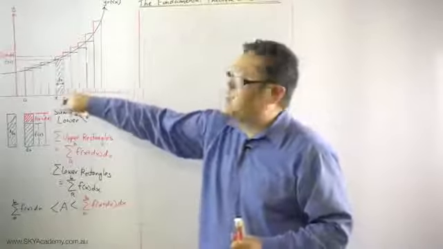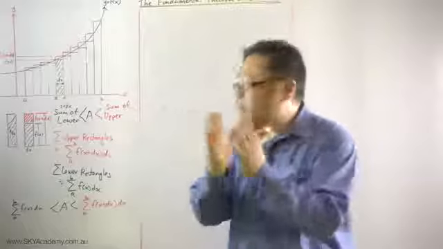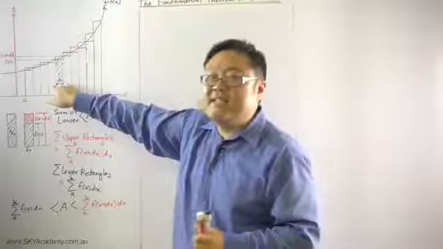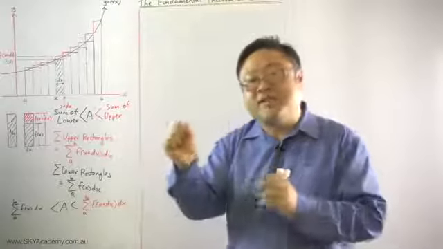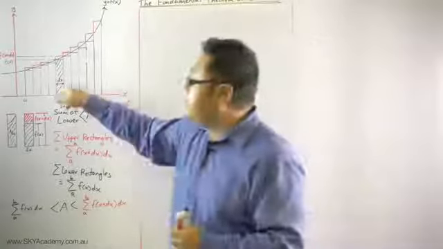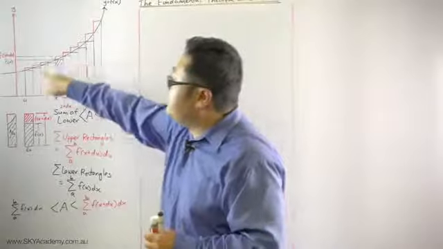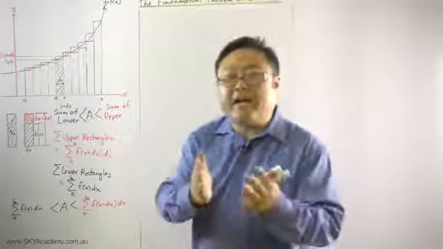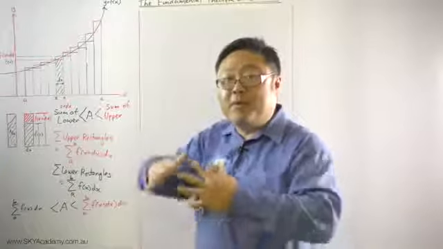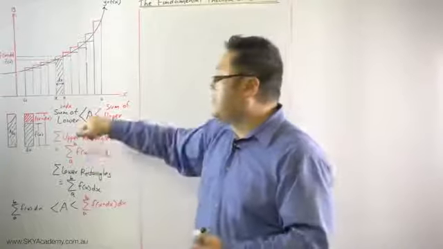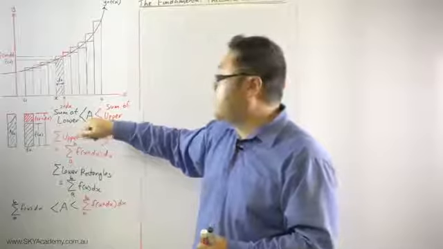As the strips get narrower and narrower, let's say we make dx approach the limit 0, what that means is that the area of the lower rectangles will get closer and closer to the actual area. It'll get bigger and bigger to the point where it approaches the actual area.